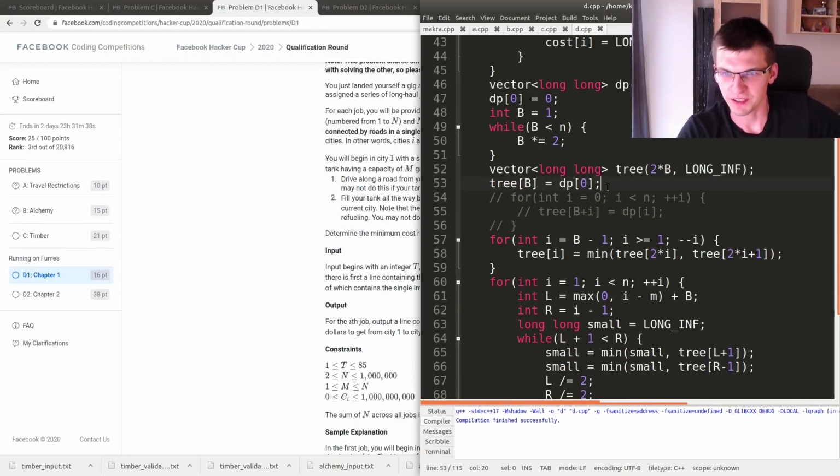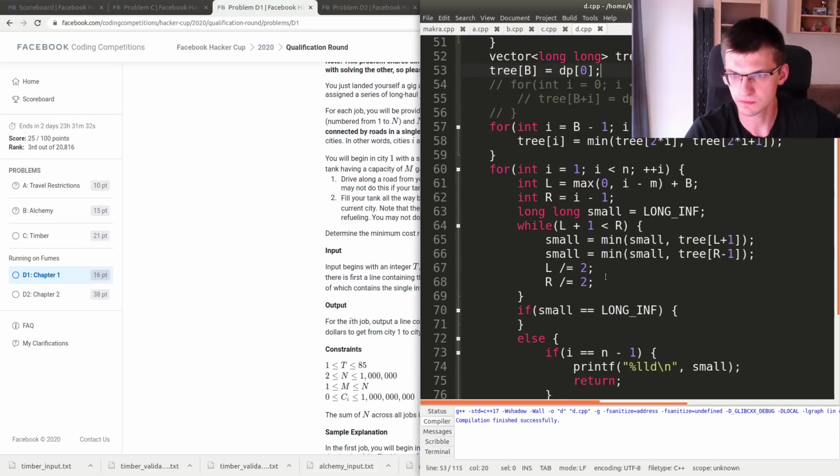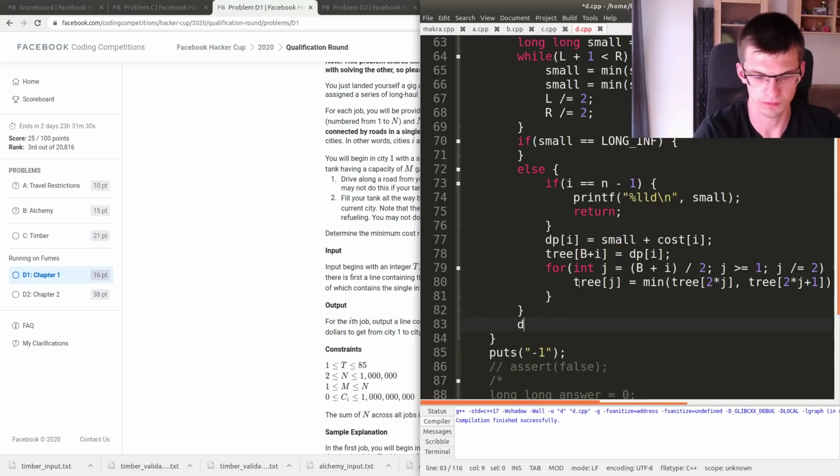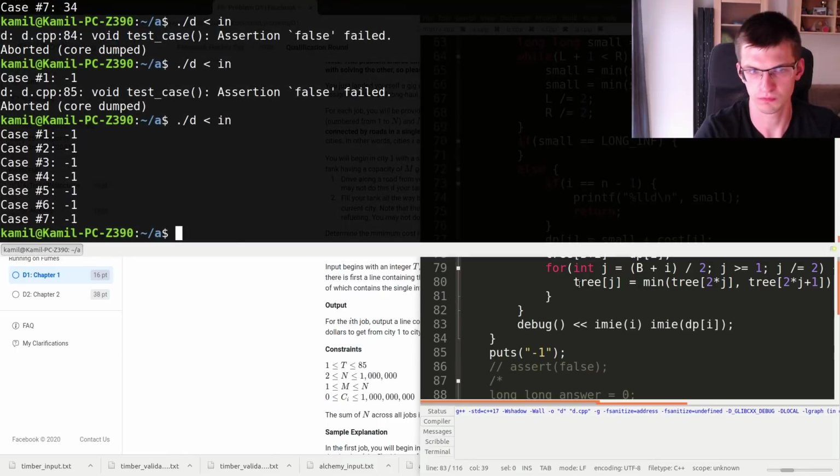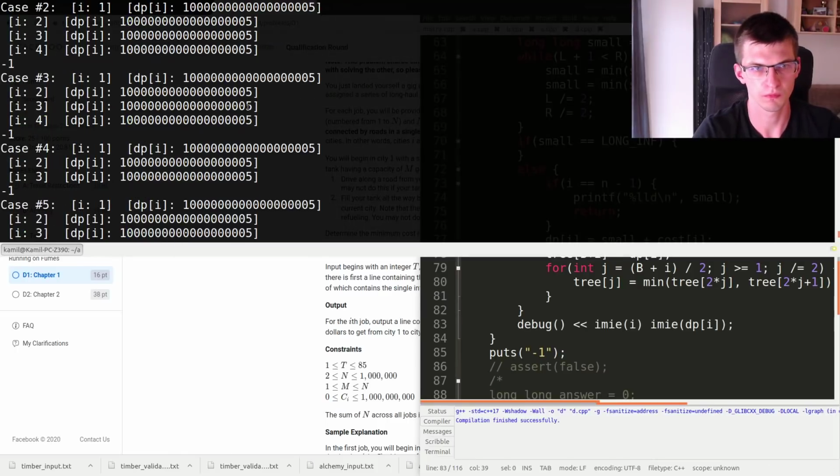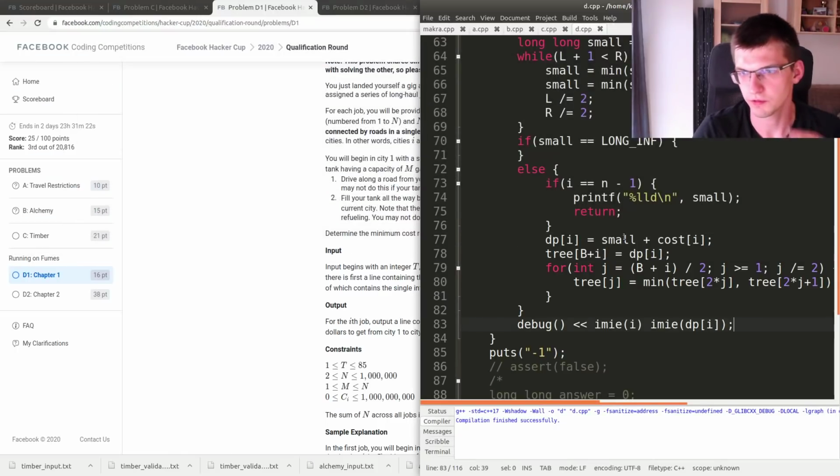That's a lot of minus ones. Tree of b is 0. Everything is infinity.